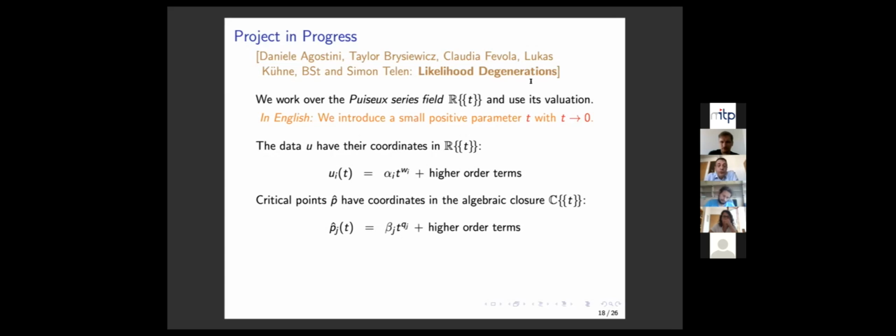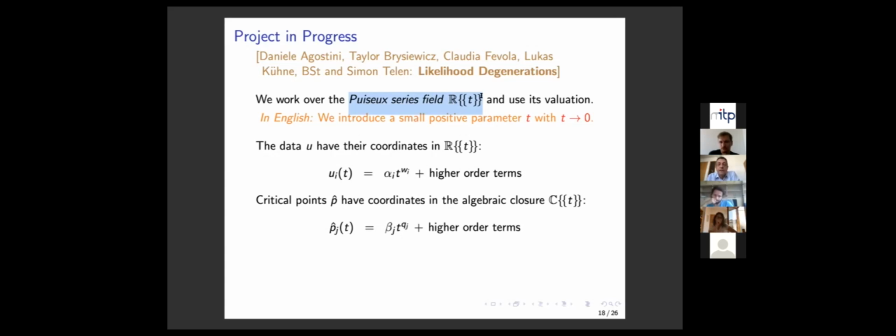So what we're now going to do is replace the data by new data that have a small deformation parameter t. So we're now going to work over the field of real Puiseux series. Puiseux series are formal power series in an unknown t with rational exponents that have a common denominator.